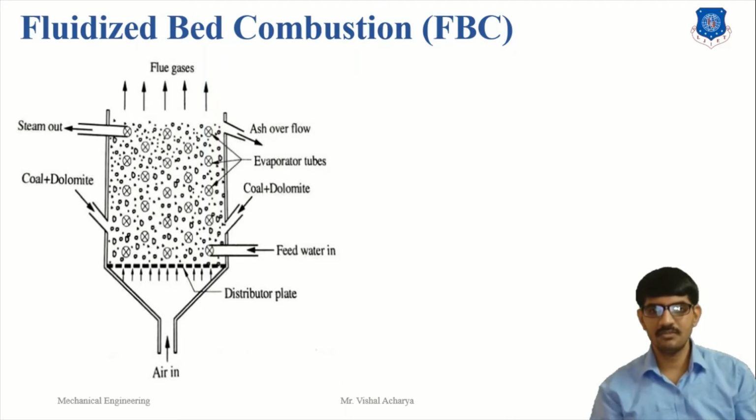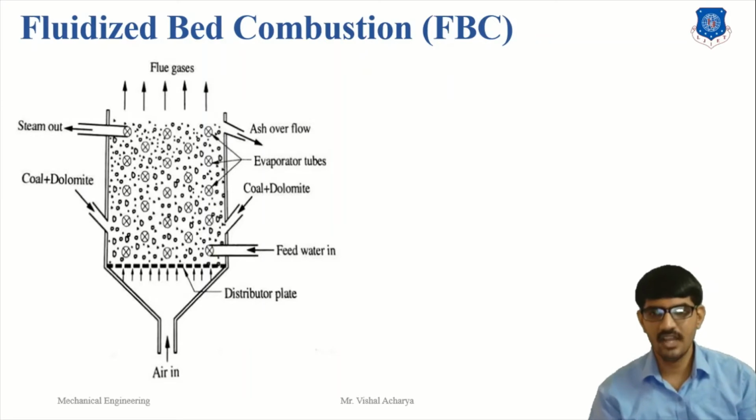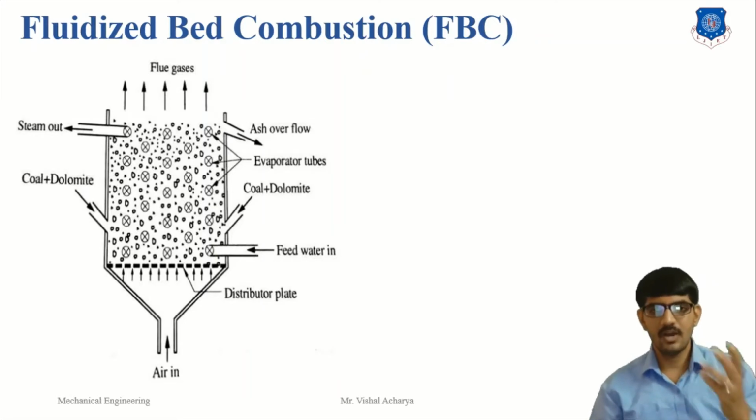The major portion of the coal available in India is of very low quality, so it has high ash content and low calorific value. The traditional grate fuel firing system has limitations, has very little flexibility, and is economically unable to meet the challenges of the future.